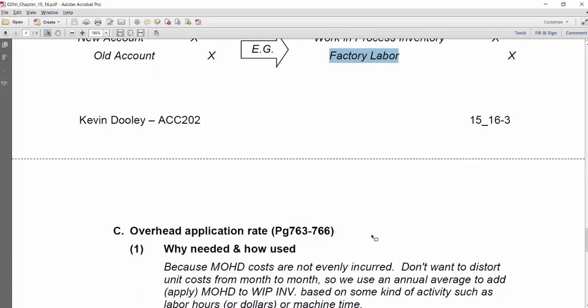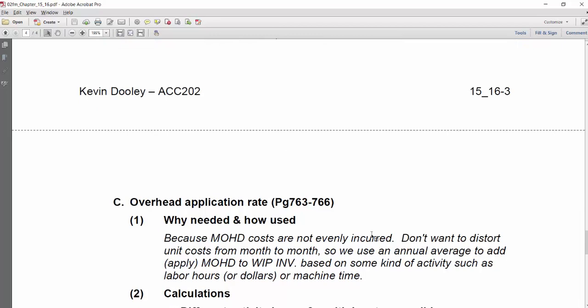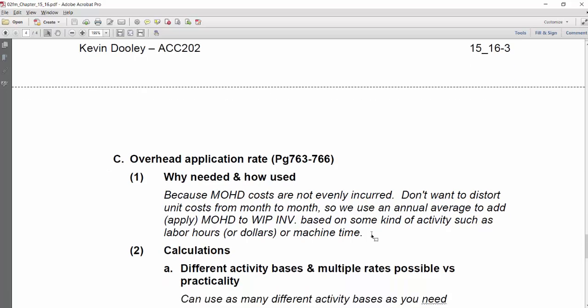First of all, overhead is erratic and not evenly incurred. If you were to count the actual amount of factory overhead in a particular month for every month, you would have wildly erratic costs of goods manufactured from month to month, and we don't want that. So we smooth it out by doing a massive estimate at the beginning of the year as to how much manufacturing overhead we think we'll have for the year and how much we think we'll have in what's known as the activity base.